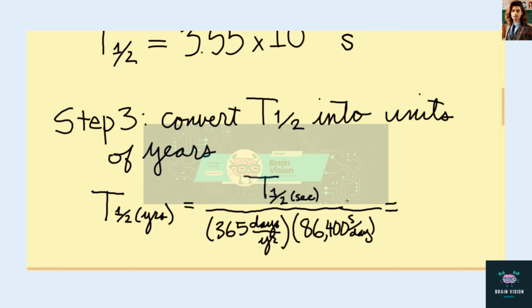So doing this division, we find that we are left with 1.1 times 10 to the 11th years for the half-life of samarium-147. And that's our answer.